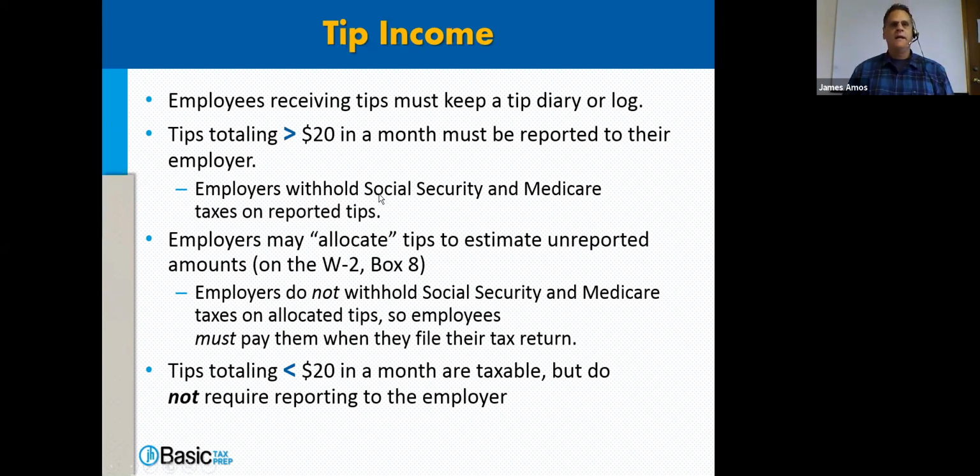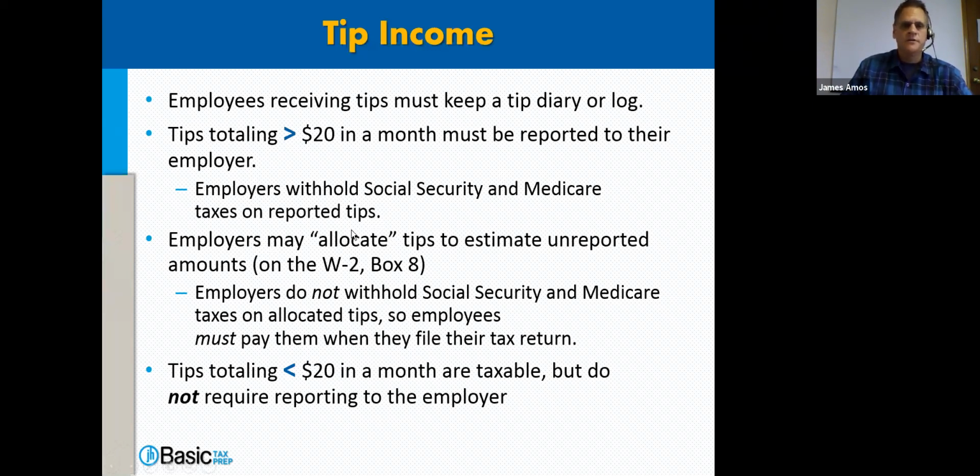So that's why we were saying that the Social Security tips are really important. Remember box 7? It's really important that that's there, because that is income that was reported, that's part of what needs to be paid out to Social Security and Medicare, and the employer is supposed to make sure to withhold Social Security and Medicare for that. Now, what happens if there's a month where you didn't report anything and the employer knows darn well you had to receive some tips?